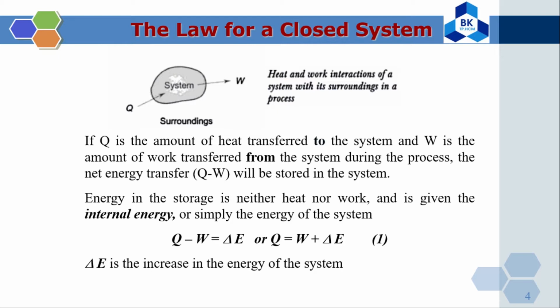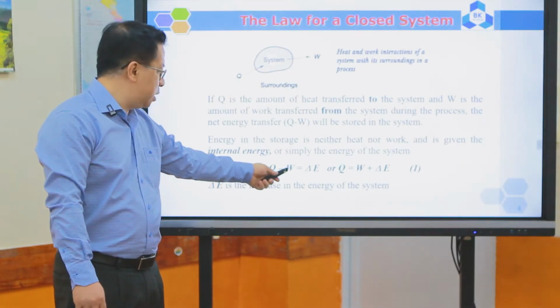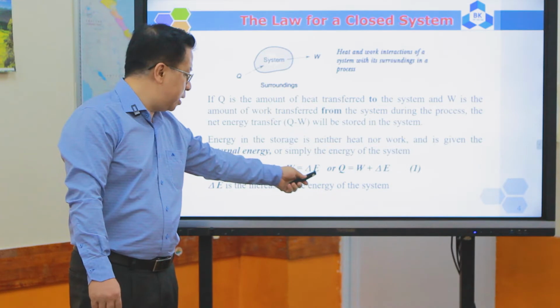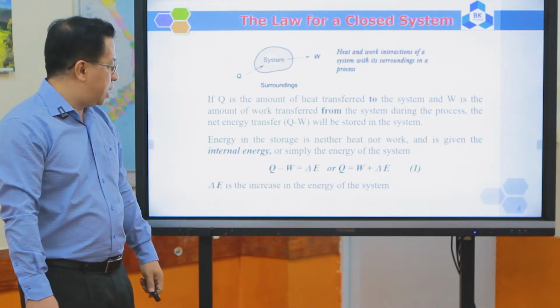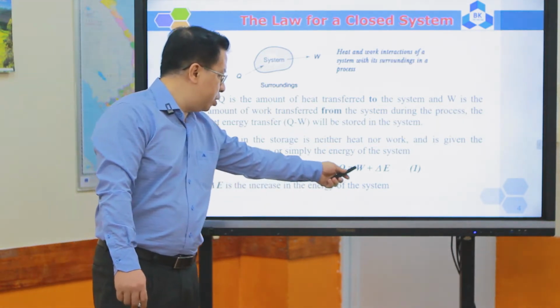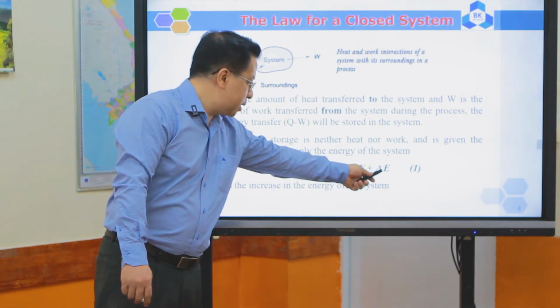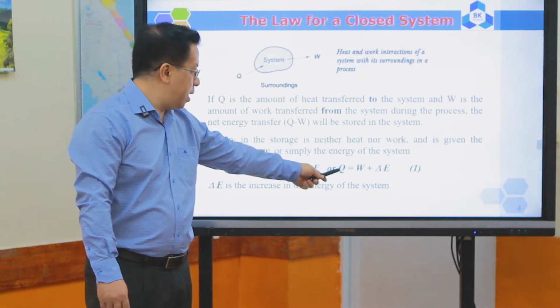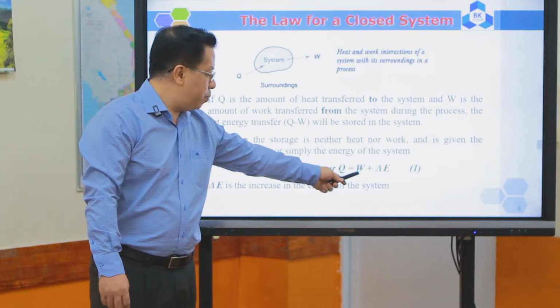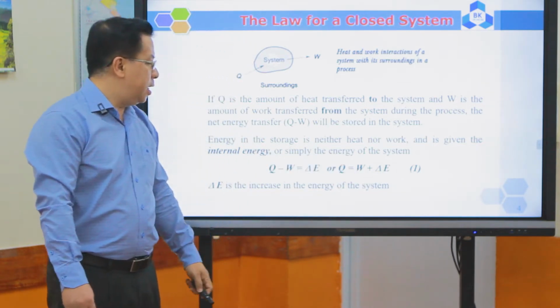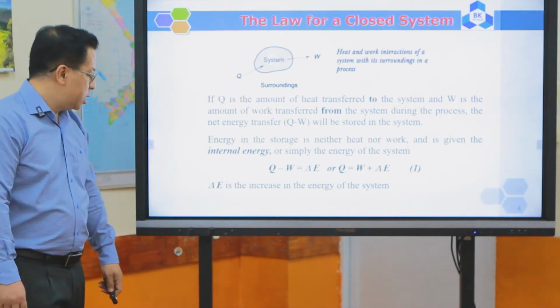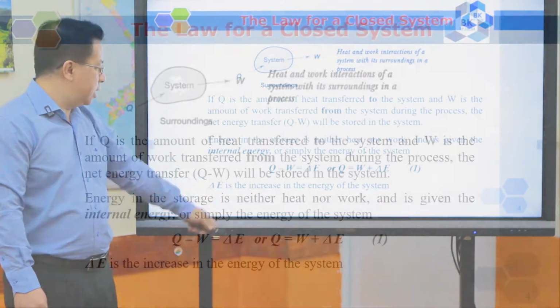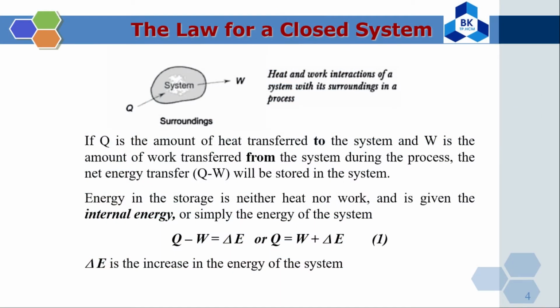Simply, the energy in the form of energy there, we can write down like Q minus W is equal to delta E, or Q will be equal to W plus delta E. Again, Q here is the input energy, W is output energy, and delta E is the stored energy. So in this case, delta E is the increase of energy of the system.